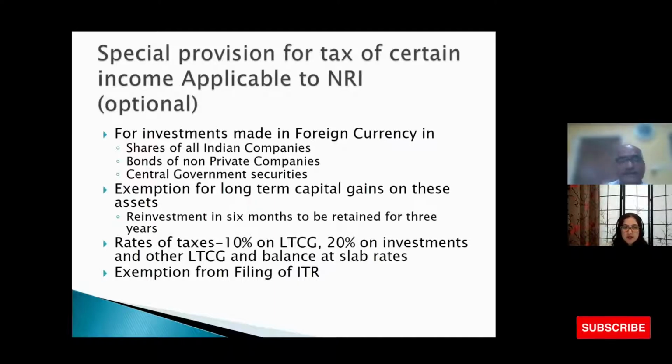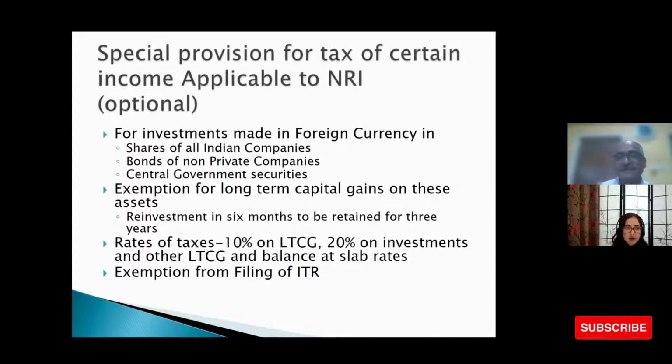In all cases, if you wish to remain invested, you would choose it because this scheme provides for exemption of long-term capital gain on sale of these three categories of assets, if you invest the sale consideration in acquiring any of these three assets within a period of 6 months. This benefit is not available to resident taxpayers.